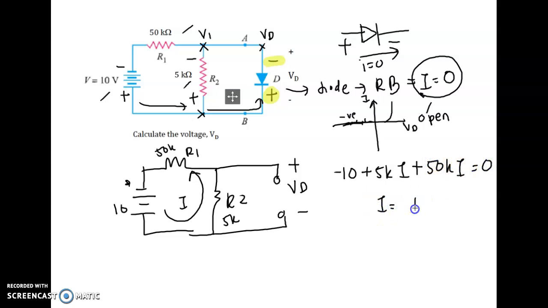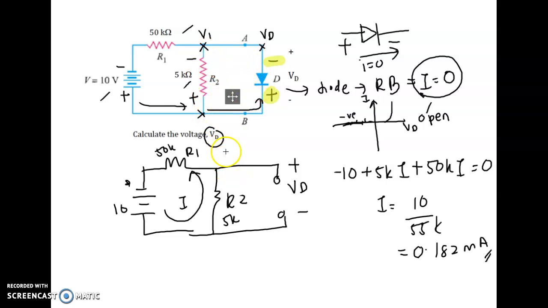And you can get I equal 10 divided by 55K. So what will be the answer? 10 divided by 55K is 0.182 milliampere.